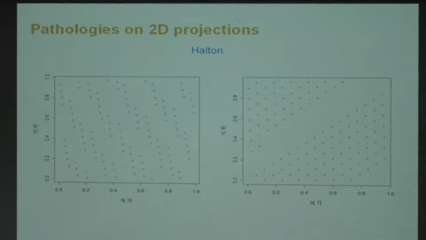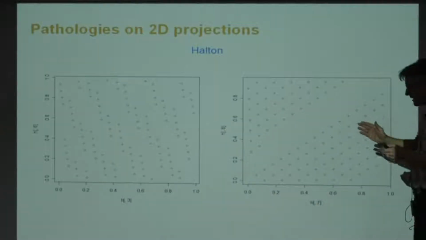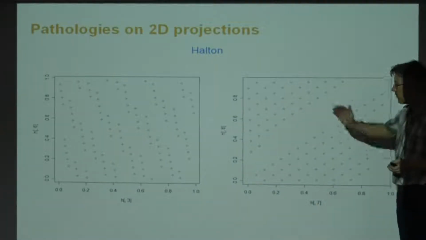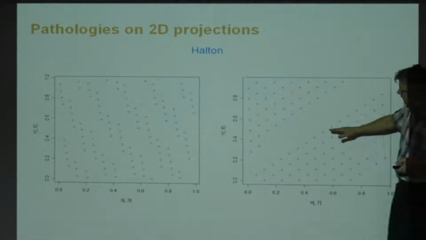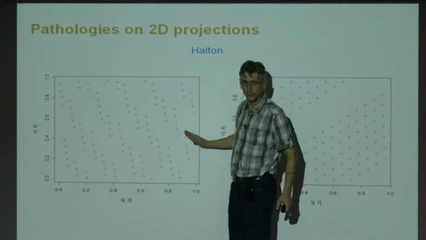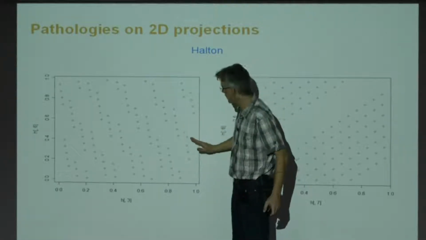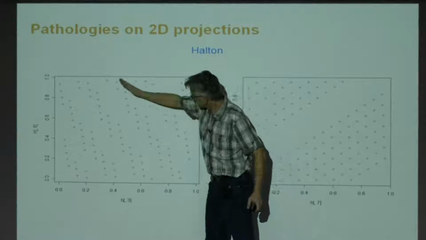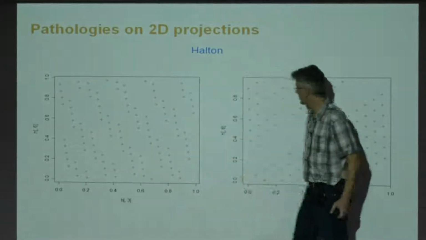The pathologies are created by taking these regular fractions, by increasing the prime numbers. And so it creates some kind of pathology. Here the pathology, you understand pathology? It's English. The pathology is that you have a kind of alignment of clusters in these subprojections.